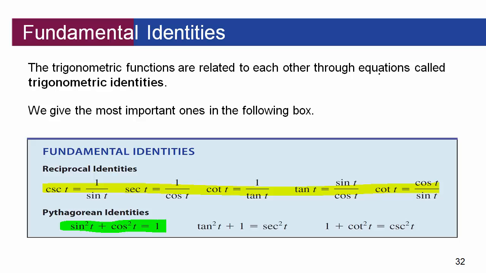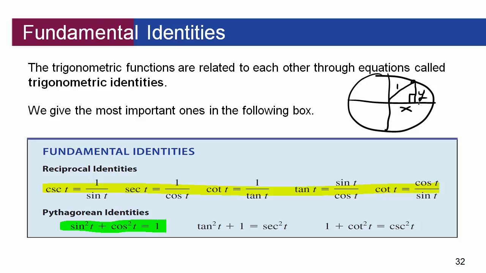Because remember, if we're on the unit circle and we have some point, then we think about drawing a line from the origin to that point, and then we drop a line straight down. It creates a right triangle. This is my x value. This is my y value. This is 1.